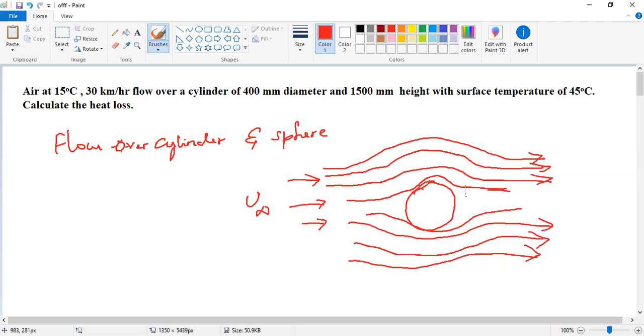At this point, the flow layer has less velocity, which makes a wake. The name is a wake. The surface layer of these thicknesses carries the boundary layer.